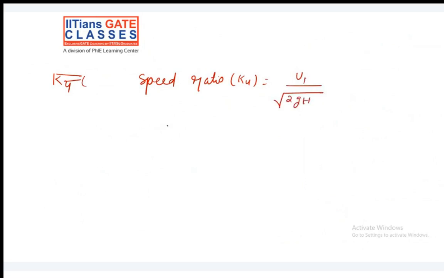Speed ratio Ku is equal to U1 upon square root of 2gH. Similarly, we have flow ratio Kf, which is equal to Vf1 upon square root of 2gH. Okay.